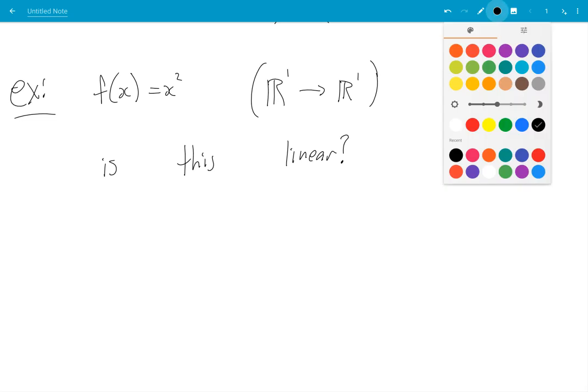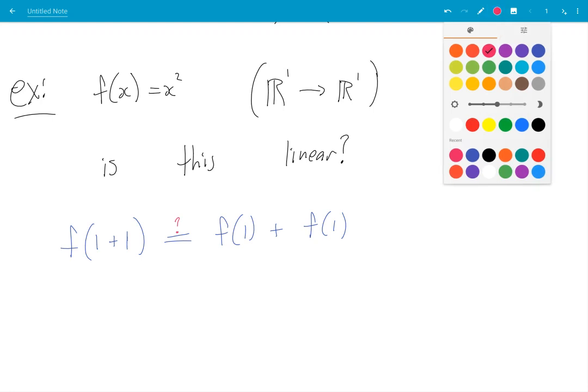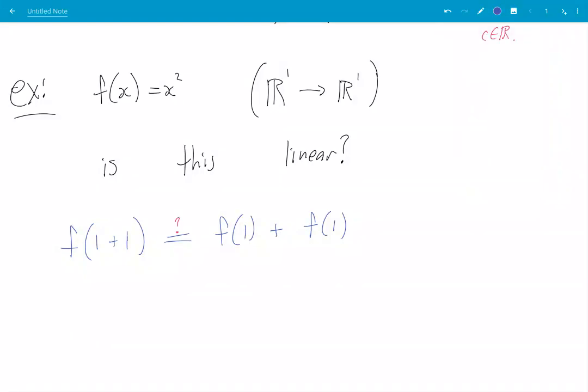Let's see. Well, just try some examples. f of 1 plus 1. Does that equal f of 1 plus f of 1? Let's see, this is f of 2, right?